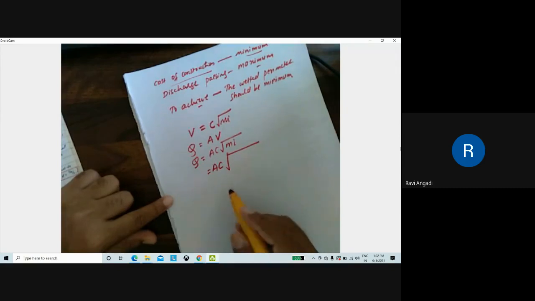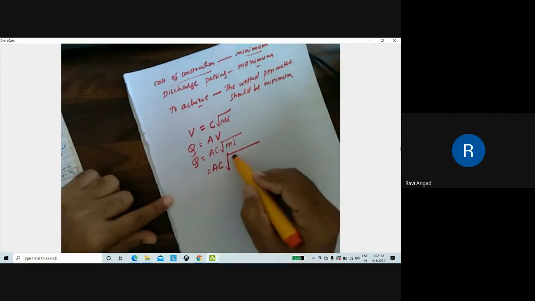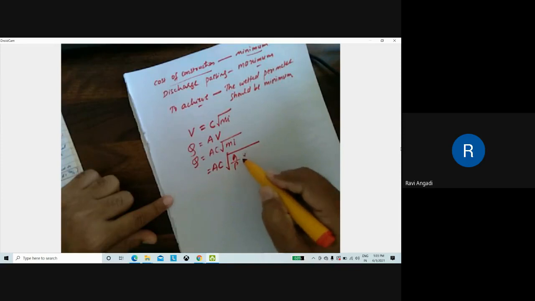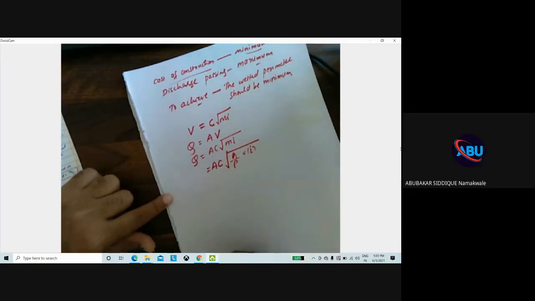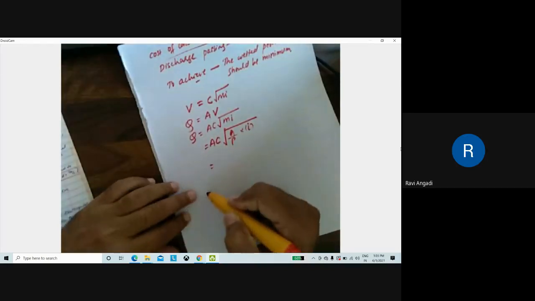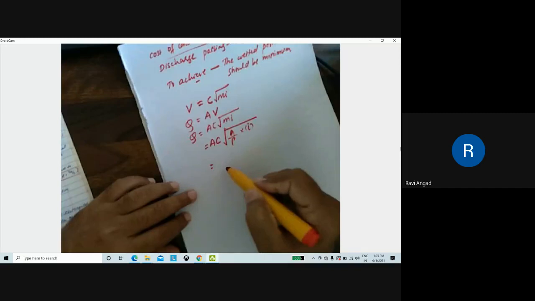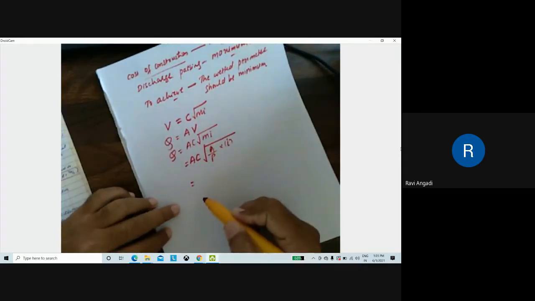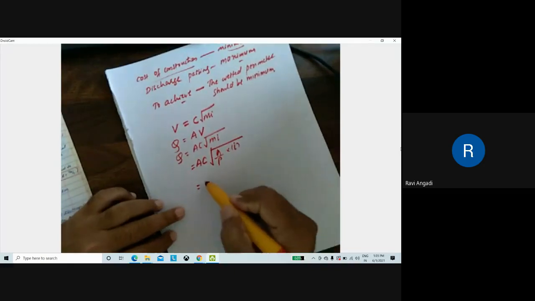This was the equation. But what is M? Can anyone tell what is M? Area by perimeter, correct. It's the hydraulic radius. And also, what is I? Bed slope, correct. Now, to get the economical channel section, what is the criteria? The area of section should be constant.